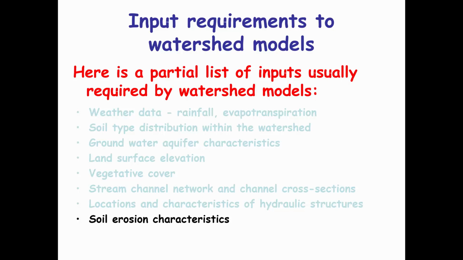Generally, soil types also have soil erosion characteristics associated with them, but this information is necessary if you want to be able to model soil erosion. And there may be other items as well. Depending on what the particular need is, there may be other parameters that are necessary for input to the model.